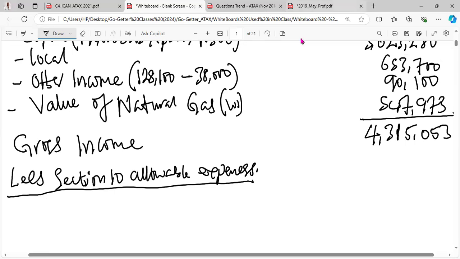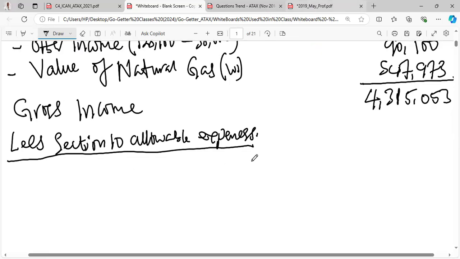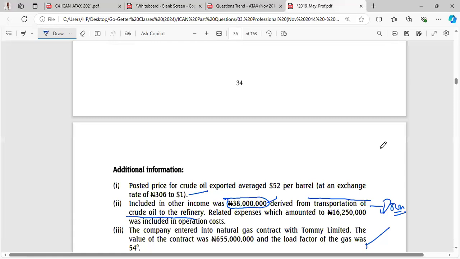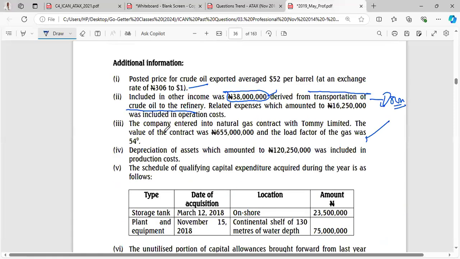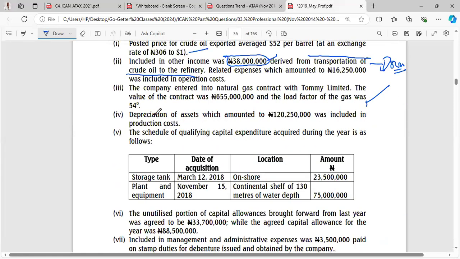So we'll be taking them one after the other. But first of all, we'll be looking at additional information to see anything. Depreciation of assets was included in production costs. So let's do production cost first and remove this depreciation of assets from it.